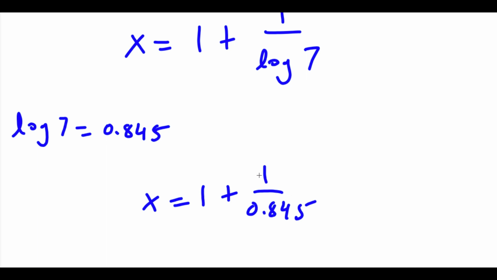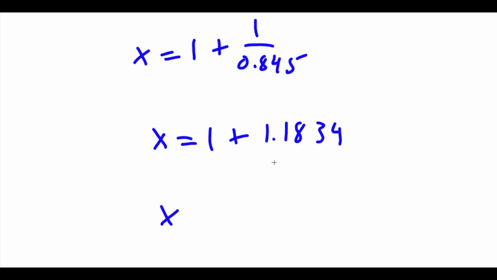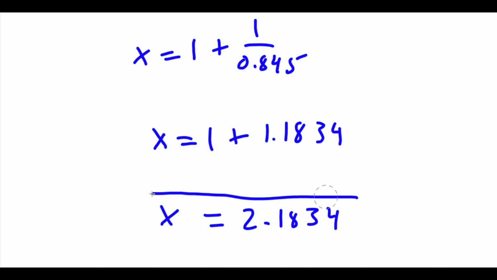So now we are going to do 1 divided by 0.845, and this is equal to approximately 1.1834. So now 1 plus 1.1834 is 2.1834. So this is my answer.